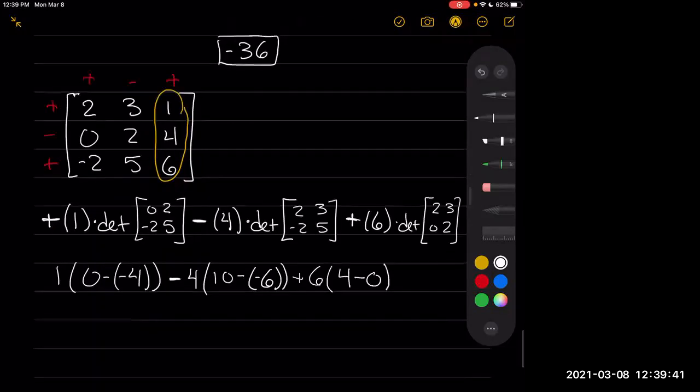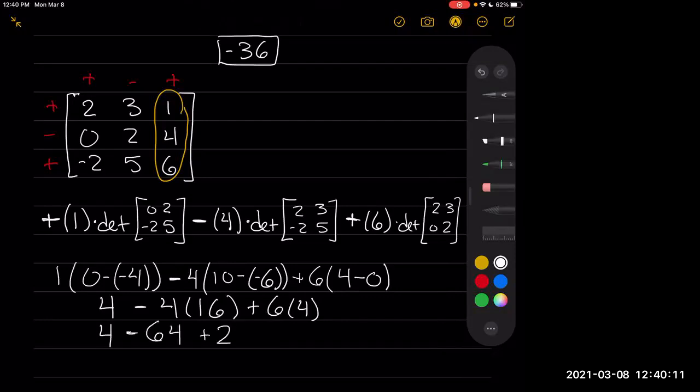Okay, now rewriting again, we get a 1 times a negative 4, so that's a positive 4, minus 4 times 16 plus a 6 times 4. All right, so this becomes a 4 minus 64 plus 24.